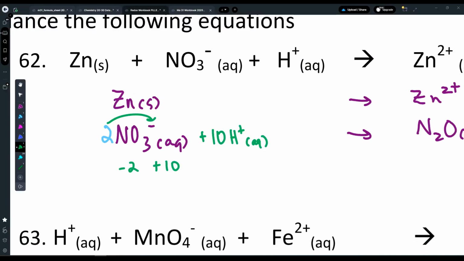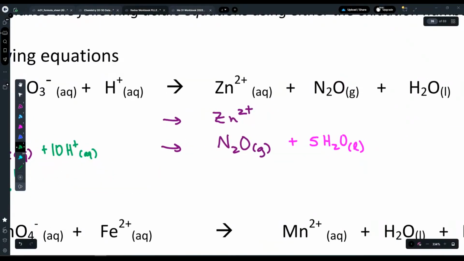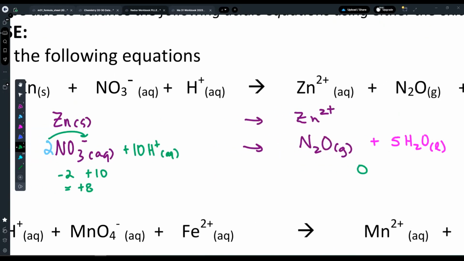So that's going to give me a total charge of +8 on the reactant side. Now on the product side, both of these compounds are neutral, so that's a 0 total charge. So now I've got to go to the more positive of the 2 sides and add my electrons there. So I'm going to add 8 electrons here, so that would be +8 minus 8. That'll give me a neutral charge on my reactant side, same as the product side.